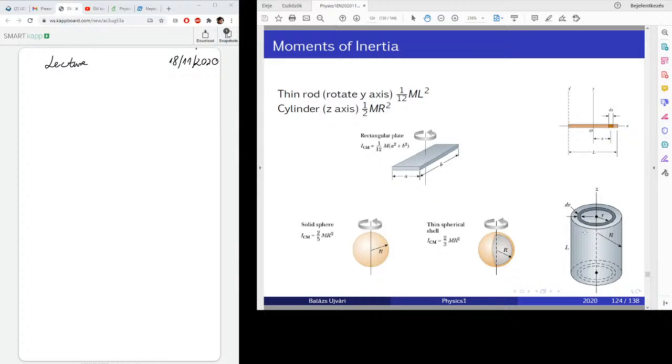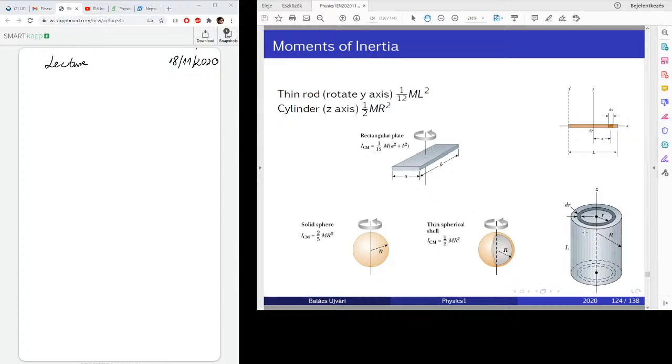Of course, in the mass we have some information about the length. With constant density, the mass depends on the L, but technically in this moment of inertia formula we don't have to worry about the length of the body, only the radius. It's only true if we rotate the system along the long axis of the cylinder. If you rotate differently, of course the L will be in the formula.